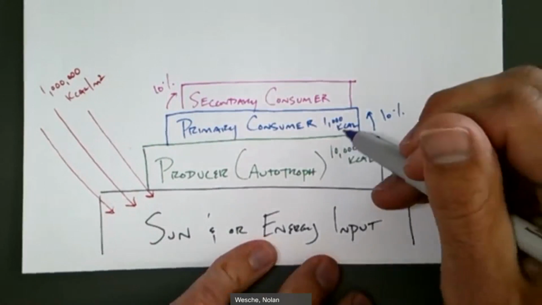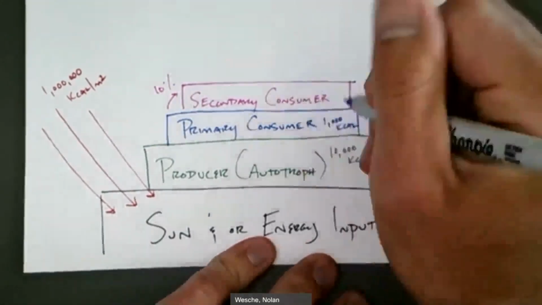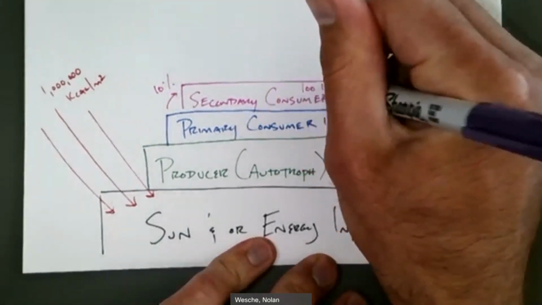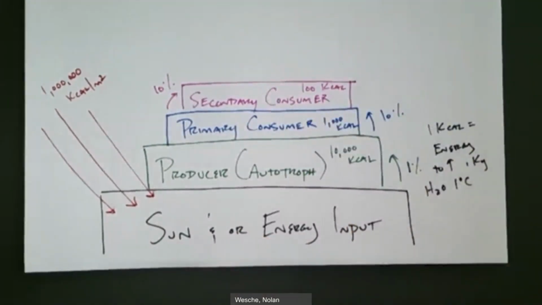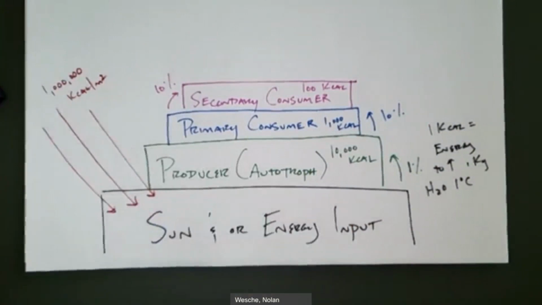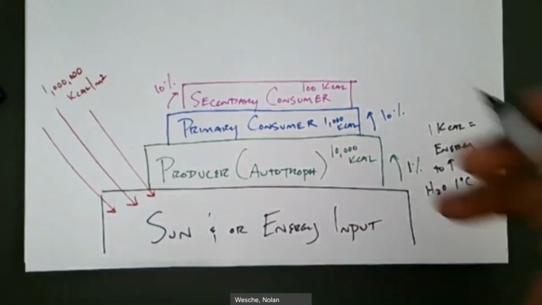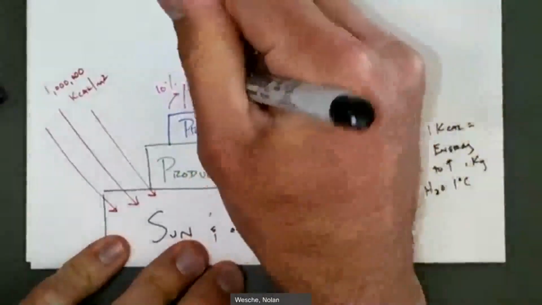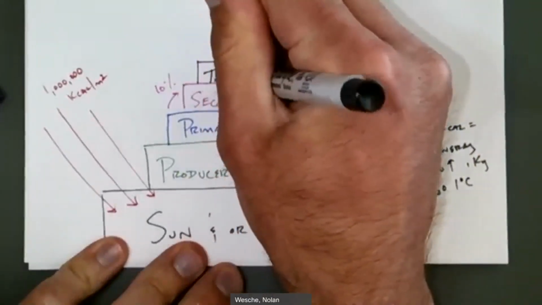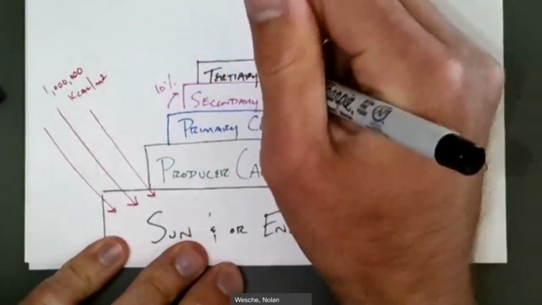And again, if this is 1,000 kcals, we have 100 kcals with this 10% transfer. Again, the other 90 has gone into the nutritional needs of the primary consumers. Step this up again, and we're talking about third level consumers. These are tertiary consumers.